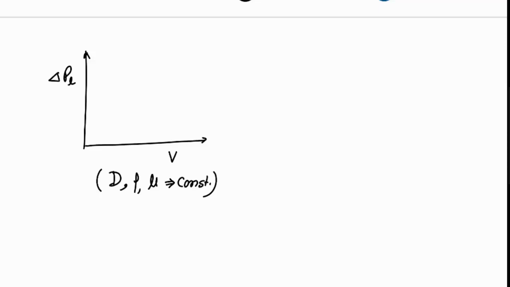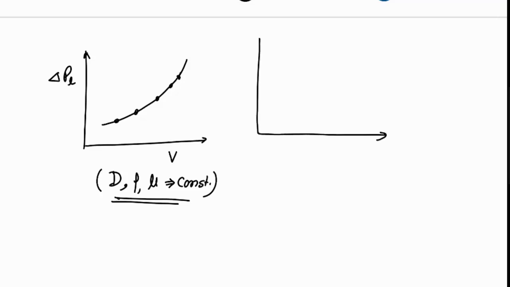If you do this experiment, you will find something of this kind of graph. So roughly you know what the function is, an increasing function, some curve. If you keep these 3 constant, you have some idea of this function. This is one way. There are more possibilities also. What you can do is fix V, rho, and mu. In this case, this is constant.